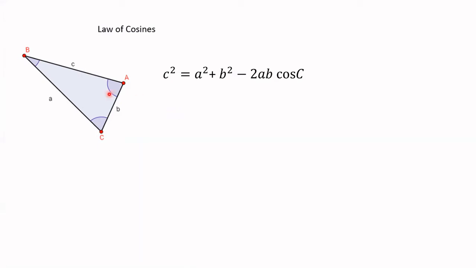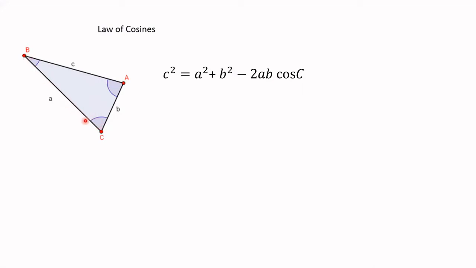Okay, in this picture, they're choosing to label the angles at the vertices with capital letters. So capital A is the angle at this vertex, capital C is the angle at this vertex, and they use lowercase letters to represent the lengths of the sides. So lowercase c, you'll notice, is the length of the side that's opposite angle C. That's how it works.